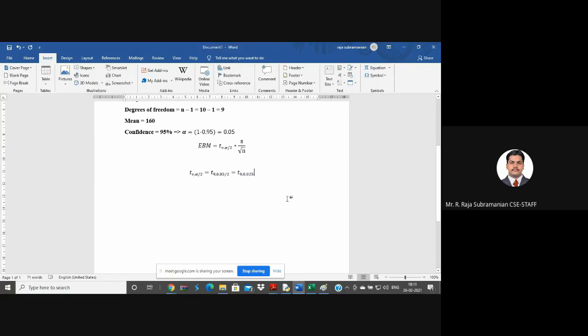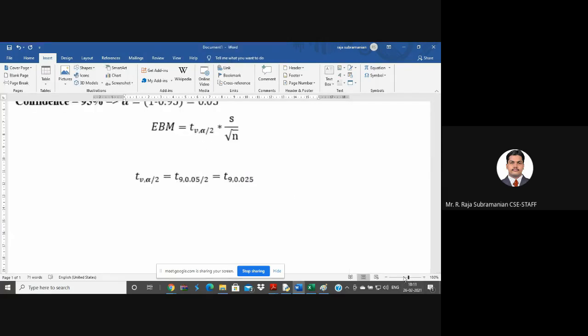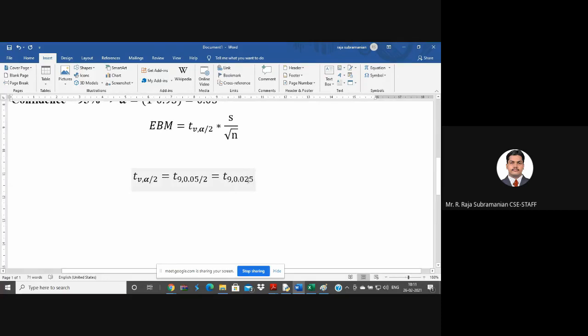So in the t table, I need to see the value t of 9 comma 0.025.